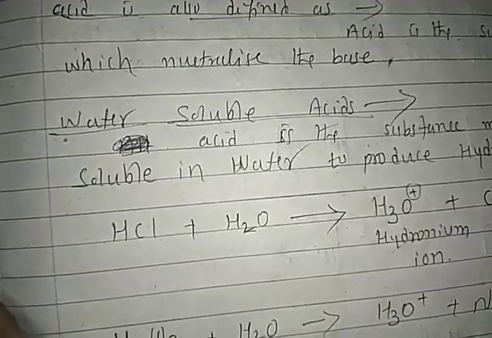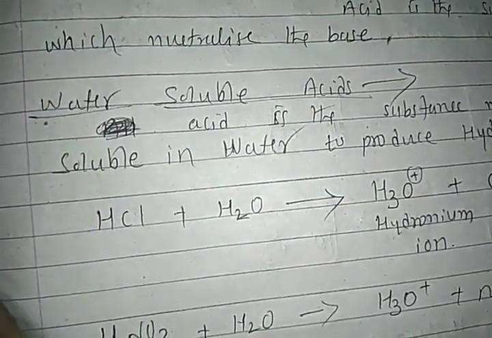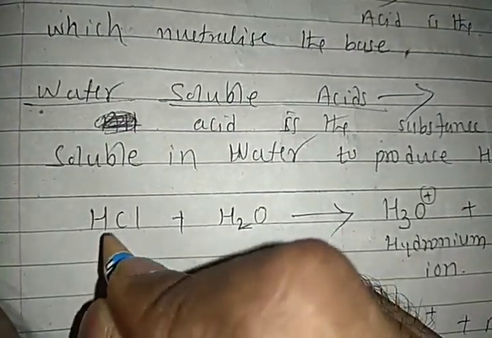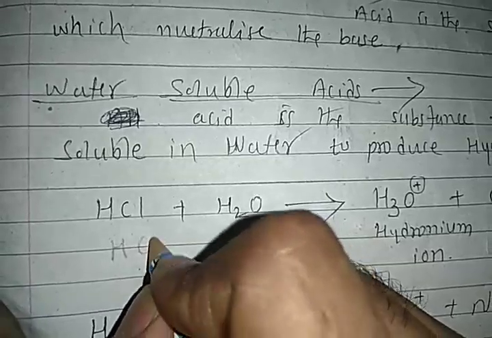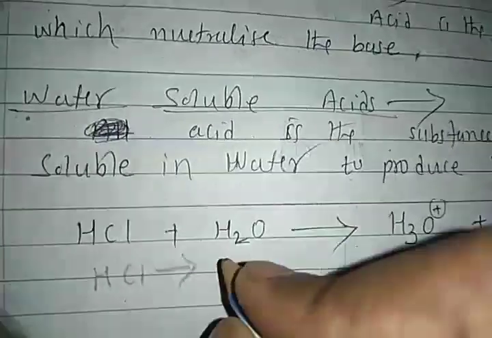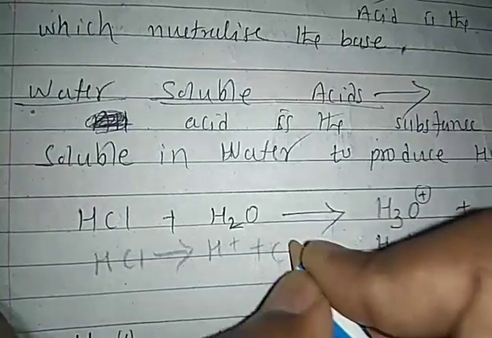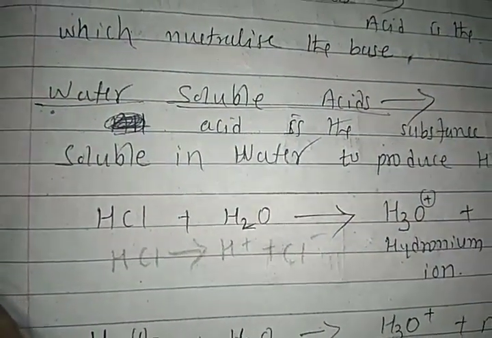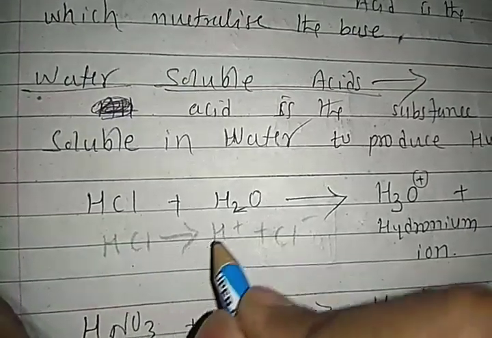How this reaction occurs, I will explain. First you take the acid HCl, which dissociates to form H plus and Cl minus.